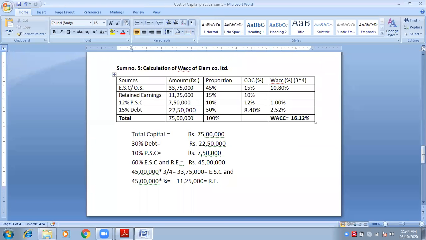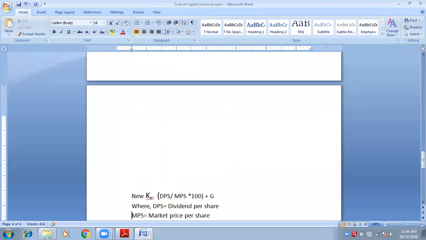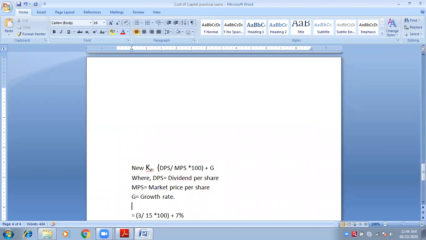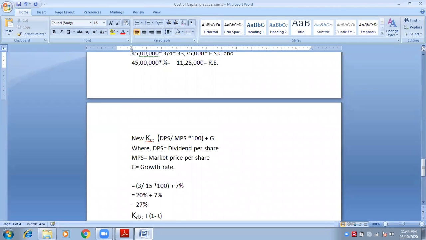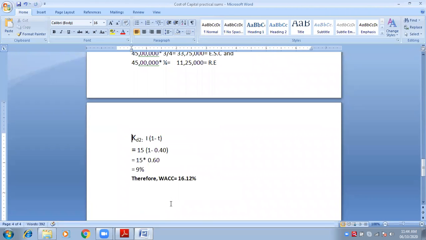Okay. Now we will calculate the formula of, tell me what we will calculate. I(1 minus T). So there is no need to calculate KE, no? Okay, KD. We need to calculate KD. I(1 minus T). What is I? 15%. What is 1 minus T?